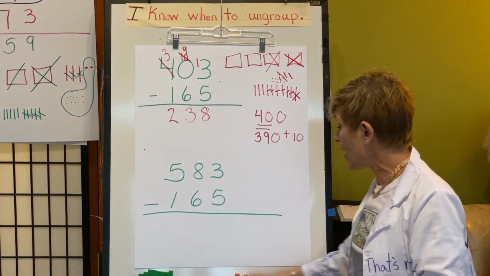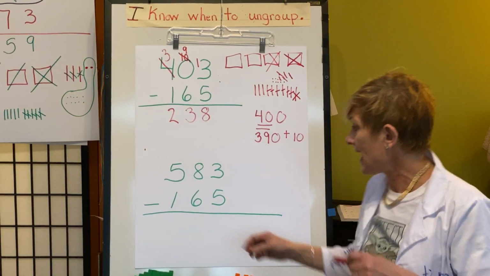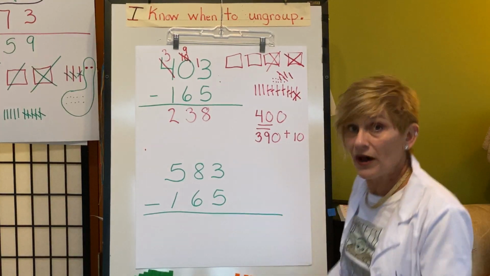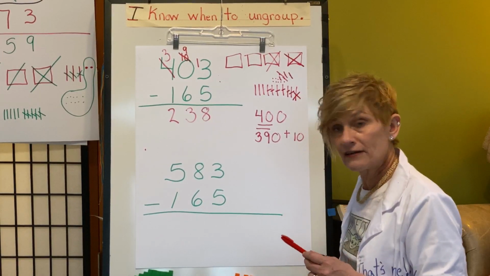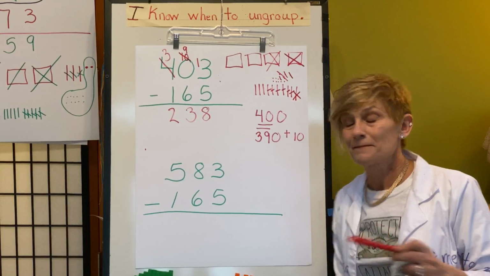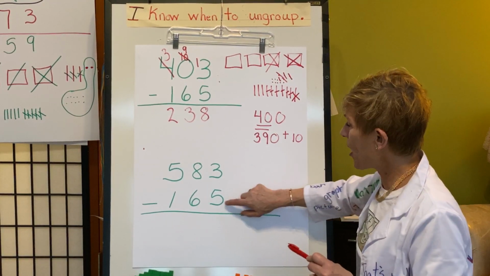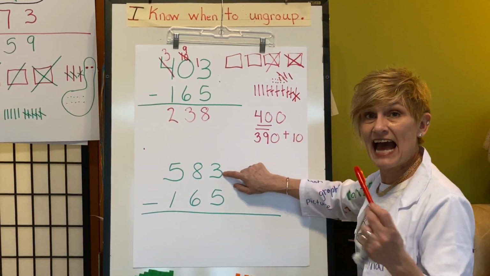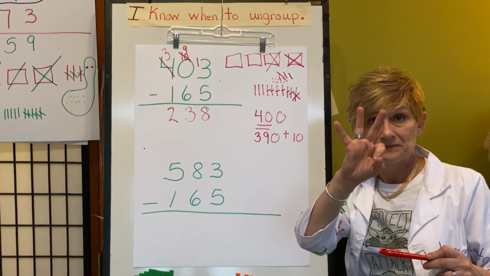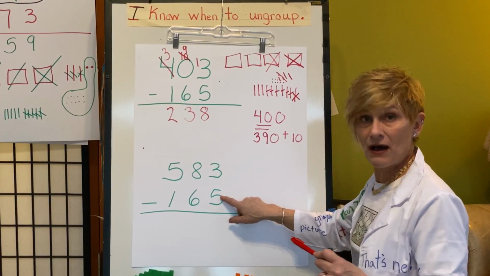So friends, here we go. I'm looking at 583 buttons. And I lost 165. How many buttons do I have left? So I hope you have this. Okay, here we go. 5. Can I get it out of those 3 ones? Absolutely not, Mrs. Seitz. There is a greater amount on the floor.